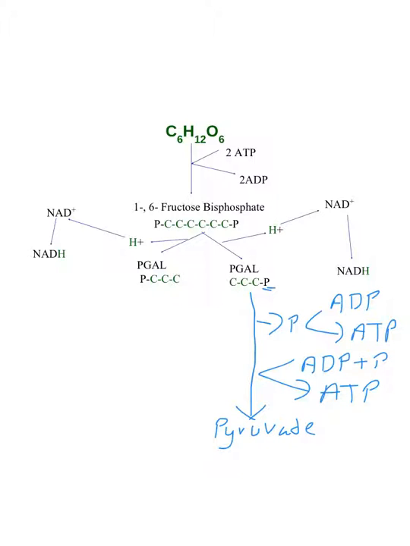Now, pyruvate looks a little bit like a P-gal without the hydrogen, and we don't necessarily have to worry about the exact molecular structure, but if you're just counting carbons, hydrogens, and oxygens from the original glucose, this pyruvate is going to end up with 3 of our original carbons, 5 of our original hydrogens, because remember we stripped off a hydrogen up here, and we'll still have 3 oxygens.